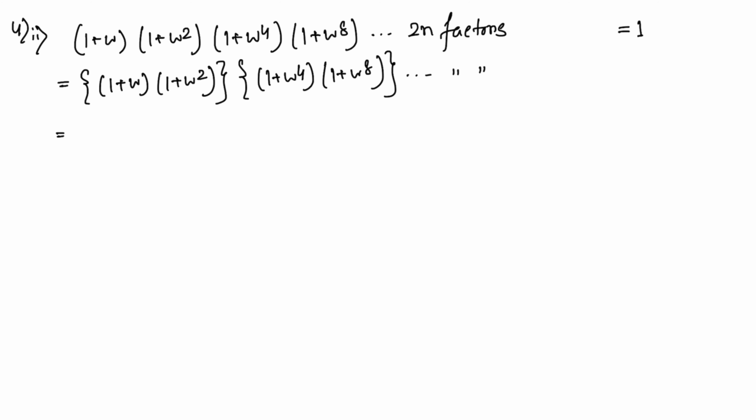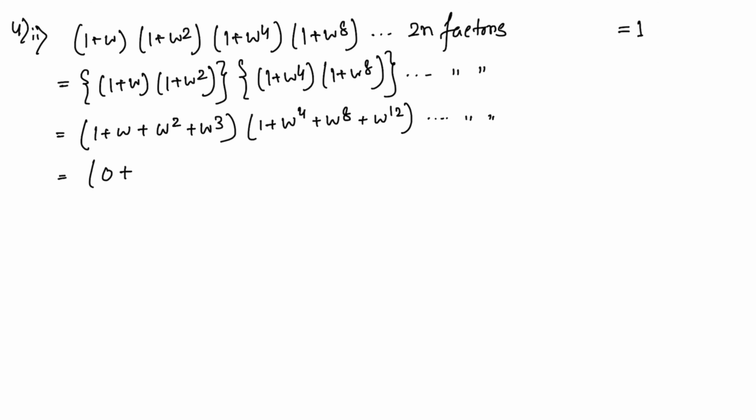So now if you multiply this one, it becomes 1 plus omega, then omega square, and then omega cube. And here it will be 1 plus omega to the power 4, then omega to the power 8, and then omega to the power 12 dot dot dot up to 2n factors. Okay. So here 1 plus omega square, that equal to 0, and value of omega cube, that equal to 1.